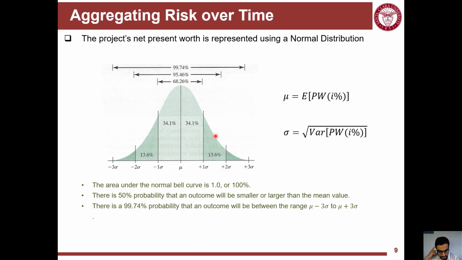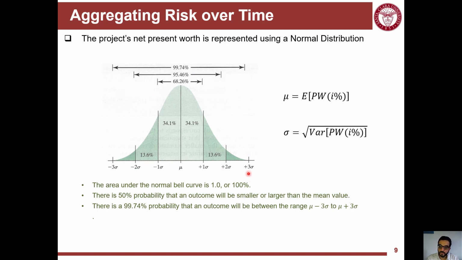And of course, you can see here, if you move plus and minus sigma, you will be confining around 68% probability here. If you move 2 sigma plus and negative, you're within 95% probability of being within that range of present worth.